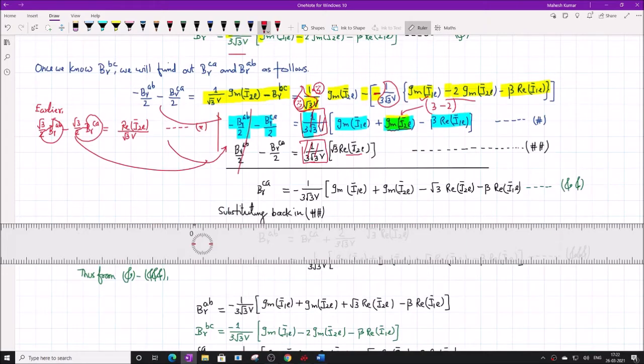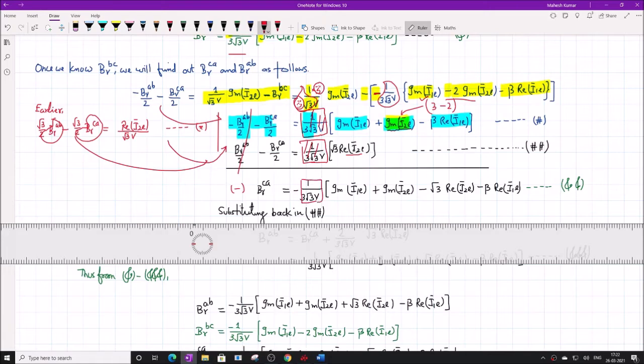We will get here minus b gamma c actually. We will get minus sign, but minus I have taken common. Okay, so let us keep the minus sign there, it's not a problem for the time being. And this side we will get 1 by 3 root 3b, the common factor.